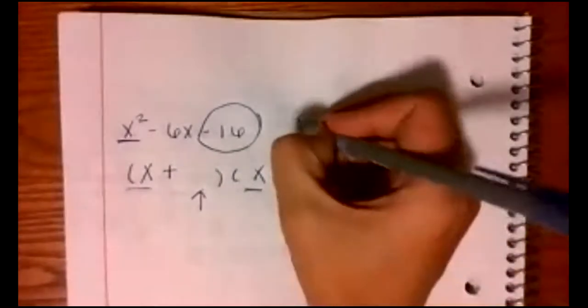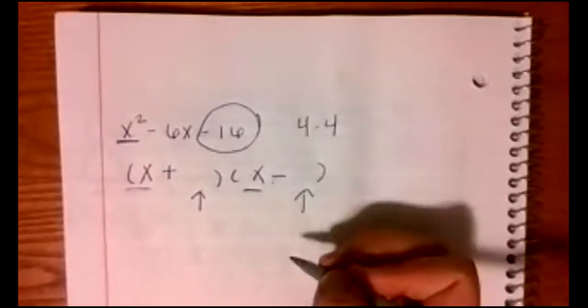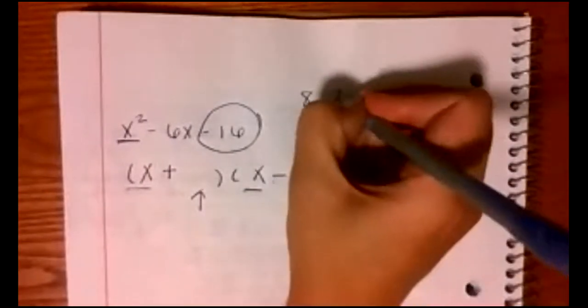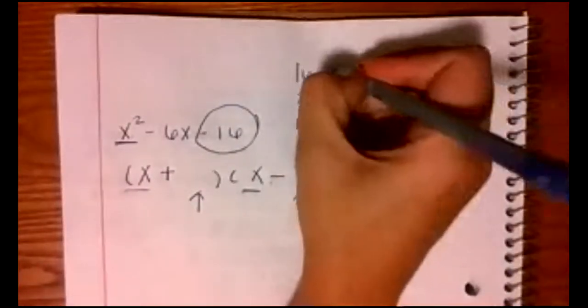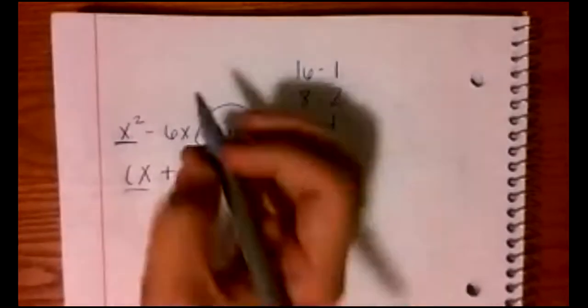Now the negative part means one of these is plus and one of these is minus. And then the 16, you're just multiplying to see what gets you 16. So some things that give you 16 are 4 times 4, 8 times 2, 16 times 1. Remembering that one will be positive and one will be negative. And we need to add up to negative 6x.